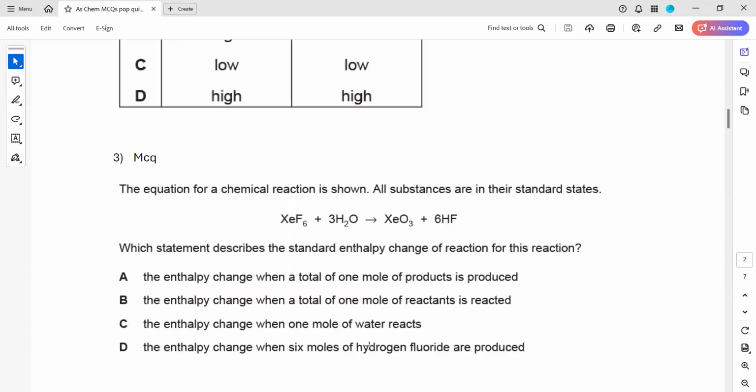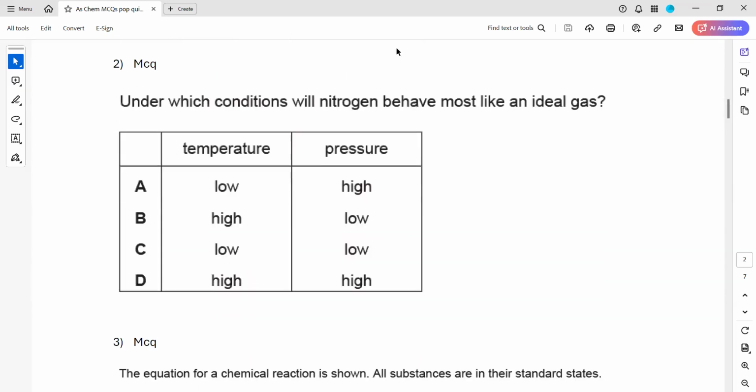Question 2, 3 or 4, any doubt? Question 3, okay. Question 2. Under which condition does nitrogen behave most like an ideal gas?